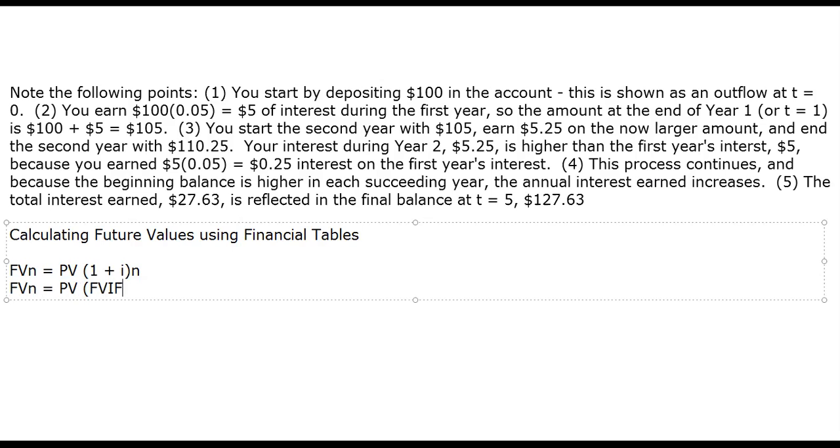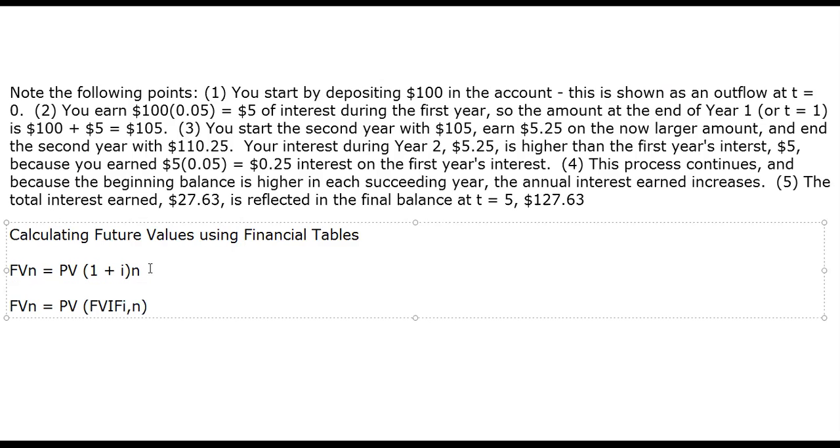FVIF subscript i, comma n. So the i and the n are really subscripts. They fall below the F. In this case, i means interest. N means what? Number of years. Good. So you can use that or that. This now is when you're going to use financial tables.